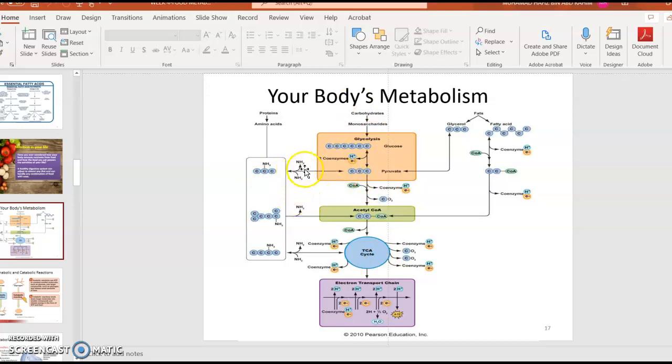But if we have excess nitrogen, this nitrogen will not be stored in the muscle or tissue and will be excreted in the urea cycle and eventually filtered by the kidney and enter into urine.